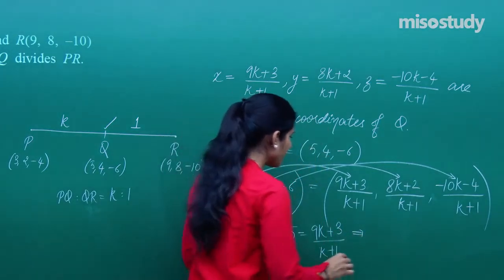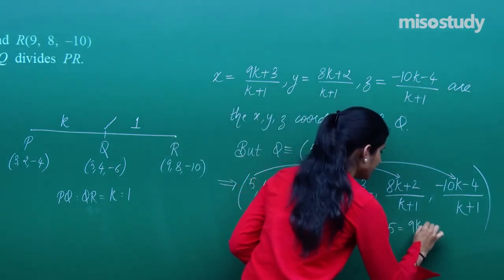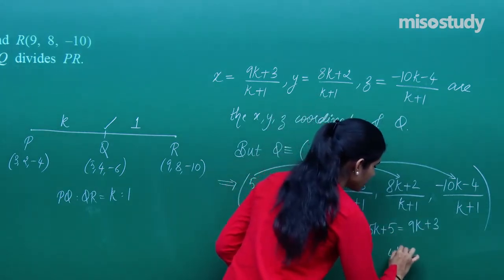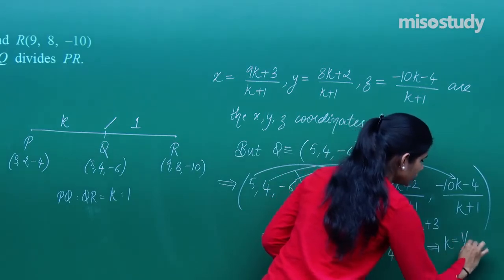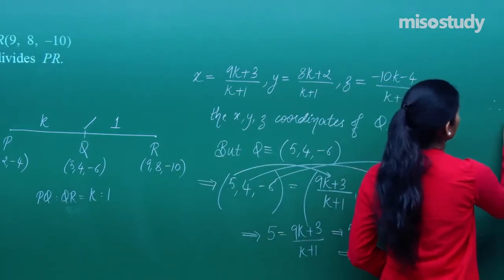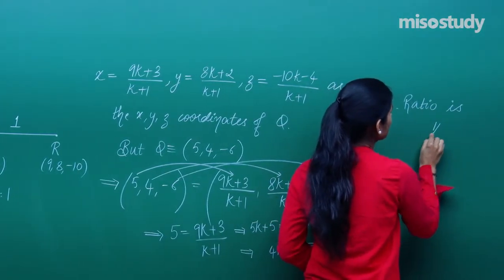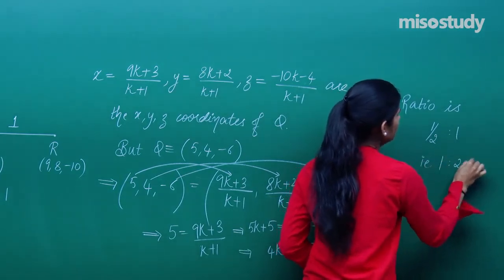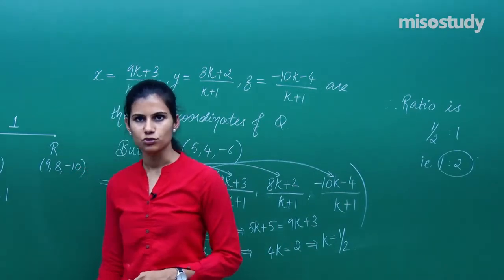You get 5k plus 5 is equal to 9k plus 3. 9k minus 5k is 4k is equal to 2, which implies k is 2 by 4, that is 1 by 2. Therefore, ratio is k is to 1, that is 1 by 2 is to 1, that is 1 is to 2. So Q is dividing PR in the ratio 1 is to 2.